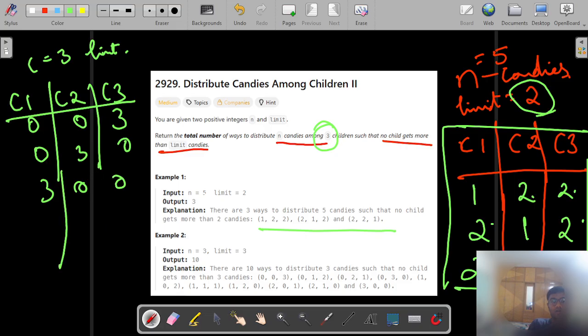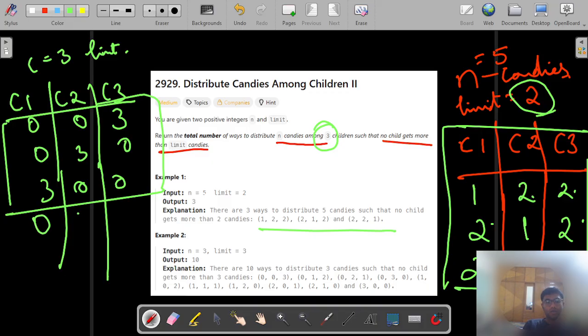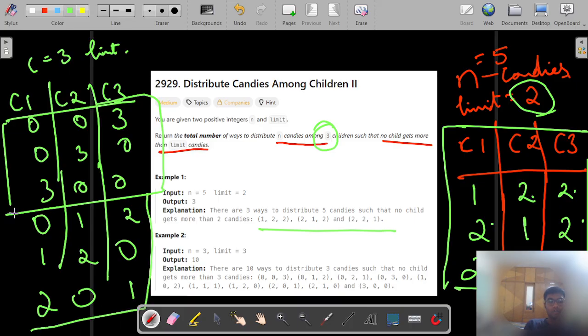This is one possibility of distribution, or let's say if we say 0 1 2, we might move this across, let's say 1 2 0 or 2 0 1. This might be another possibility.